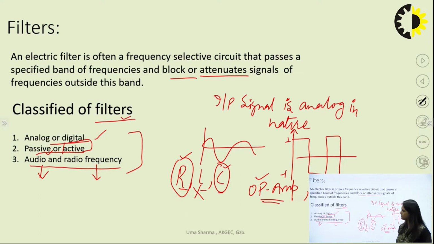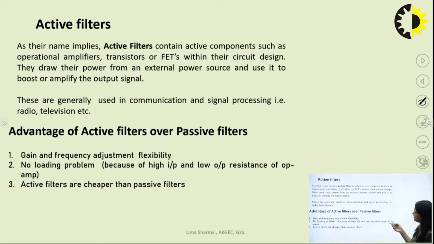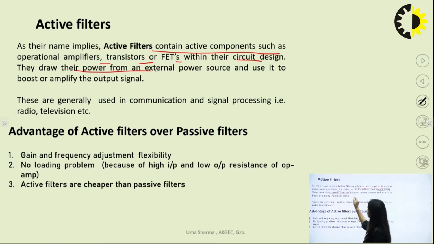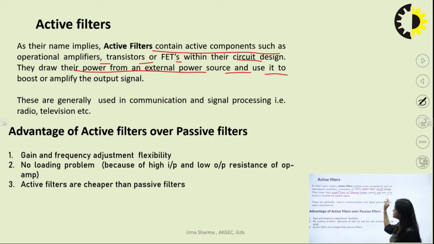To achieve the objective of integrated circuit design, we focus on designing the filter using the active building block, so here we will use the operational amplifier. In detail, you can see that an active filter contains active components like operational amplifier, transistor and FET within their circuit, and they also draw their power from an external power source and use it to boost or amplify the output signal.